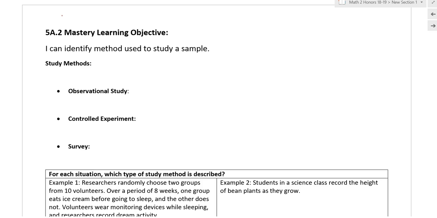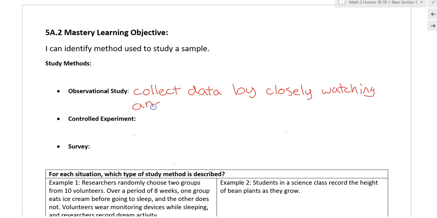The first is an observational study. And in an observational study, you collect data by closely watching and recording behaviors.